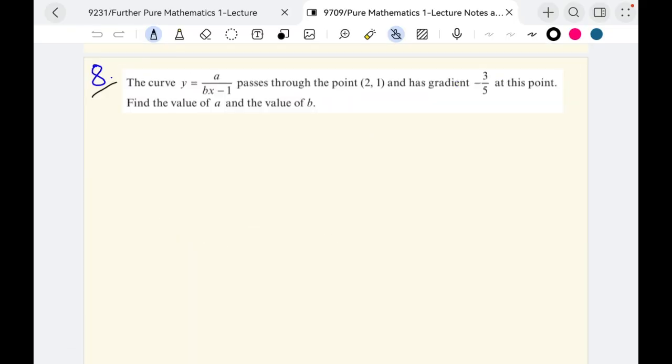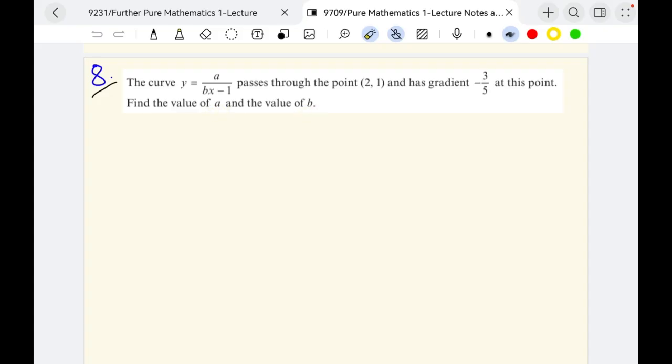This is the next question to be discussed right now. The curve y equals a divided by (bx minus 1) passes through the point (2, 1) and has the gradient of negative 3/5 at this point. This point refers to the point (2, 1) over here. Hence find the value of a and the value of b.